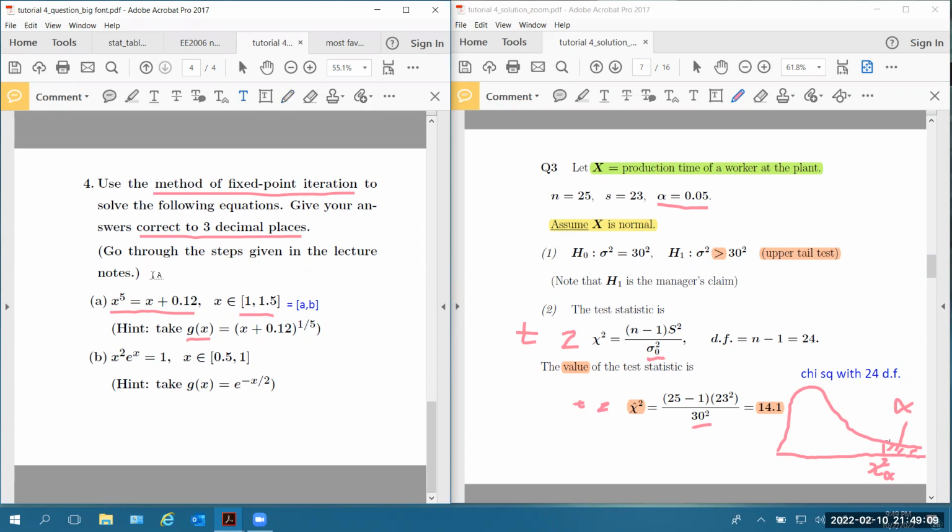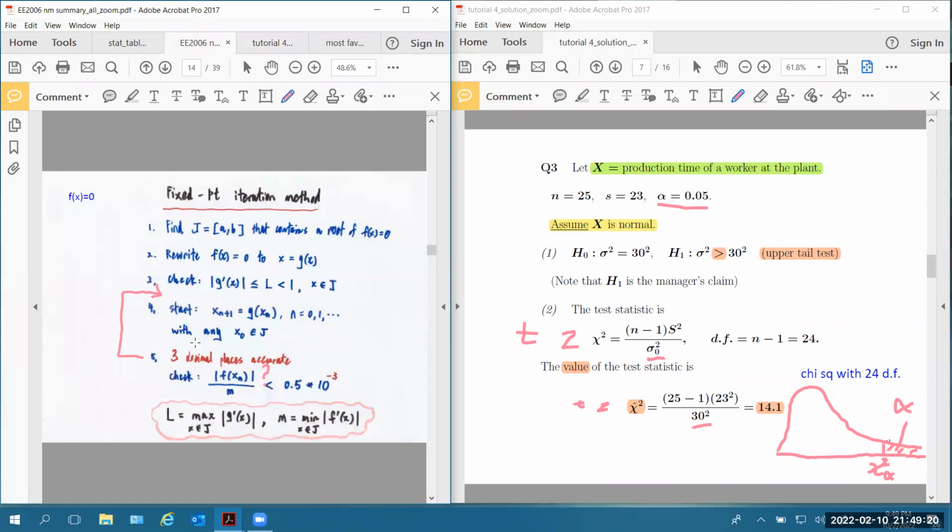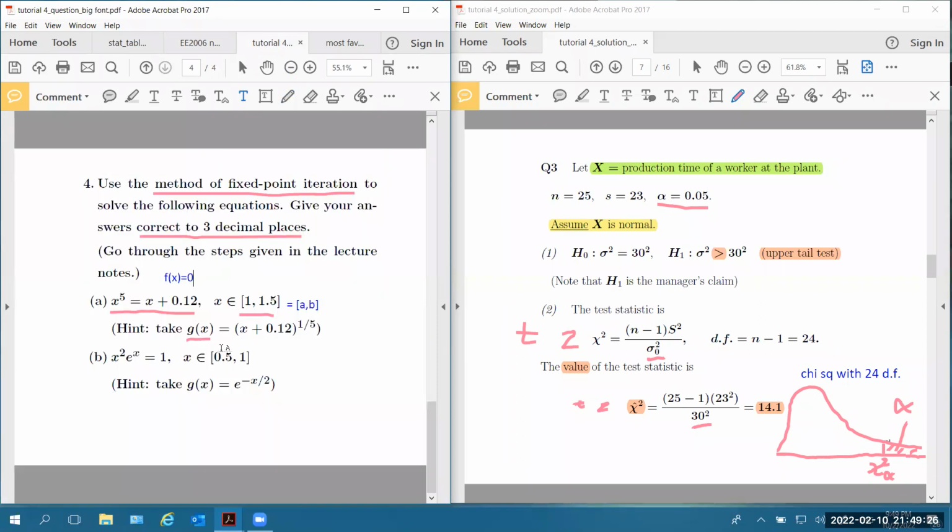Okay, before we do the question, let's recall that our problem is actually f(x) = 0. This is the equation that we are going to solve, and our steps are based on solving this equation, right? So straight away you can tell this equation that they want us to solve is not in this form.